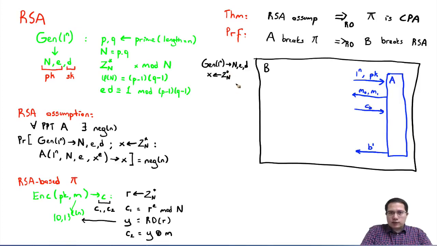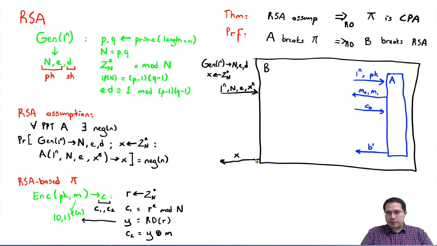And the challenger gives to B the security parameter, N, e, and x to the e. So these are given to B, and B's goal is to return x at the end.